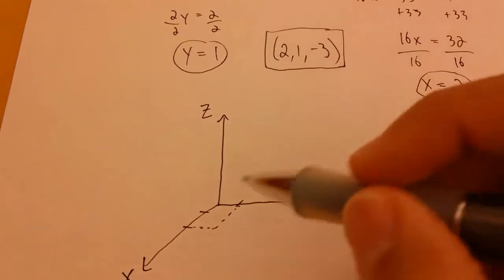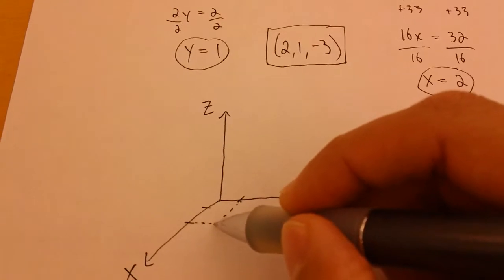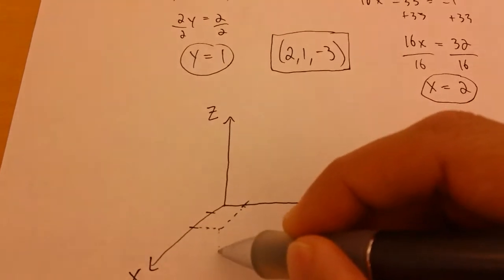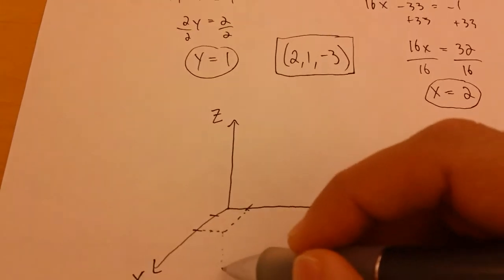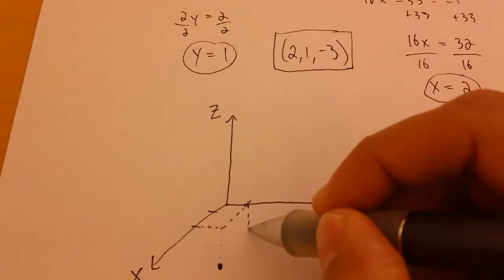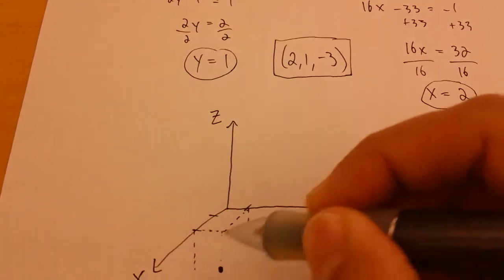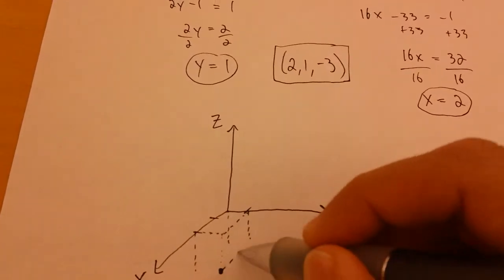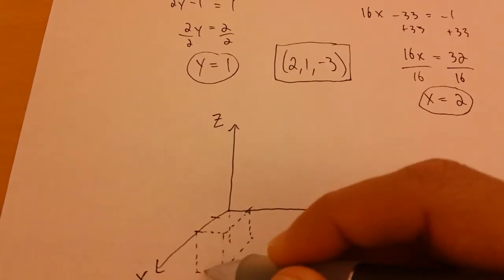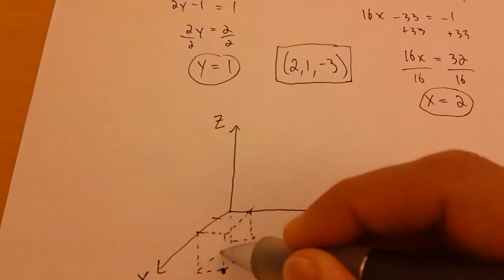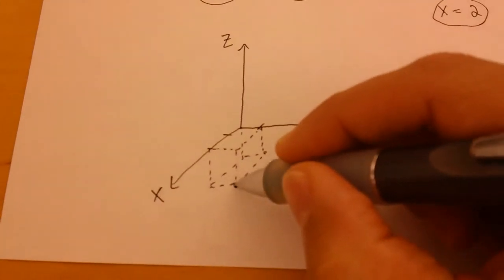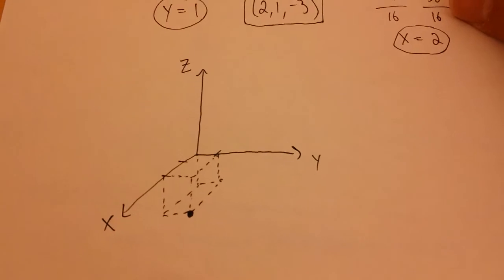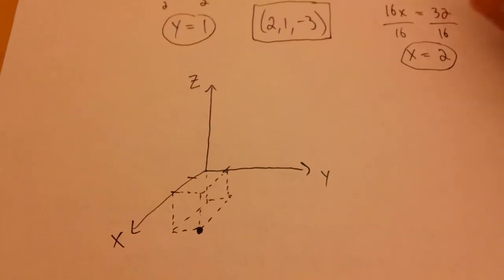And then I need to go down 3. So from this corner of the table, I'm going to drop down 3. I'm just eyeballing it. Let's say it's that far. And again, I'm going to go down 3 here, down 3 here, down 3 from the back side there. Fill in the rest of my box. And my point there is 2, 1, negative 3.